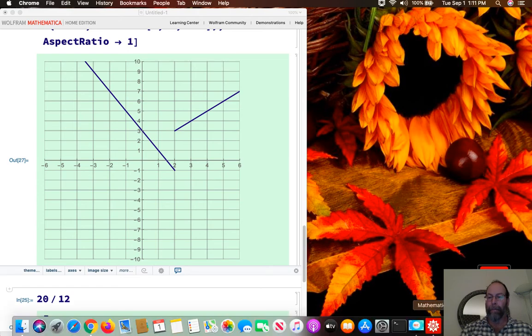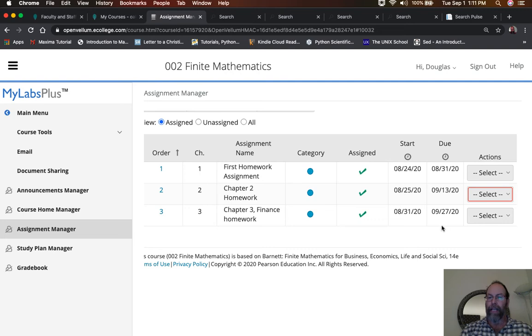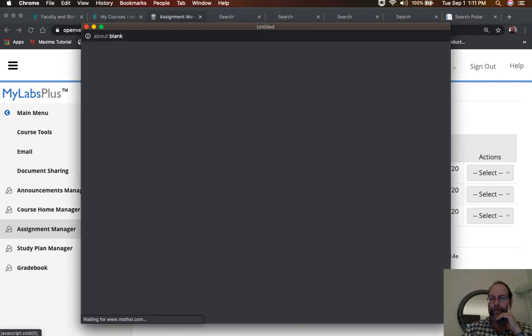Chapter 3 is the finance chapter, which I'm sure you're all going to enjoy because most or all of you are business majors. So let's take a look at your finance homework.